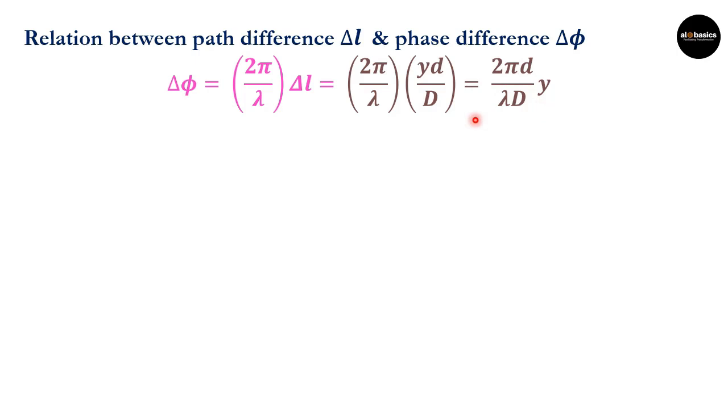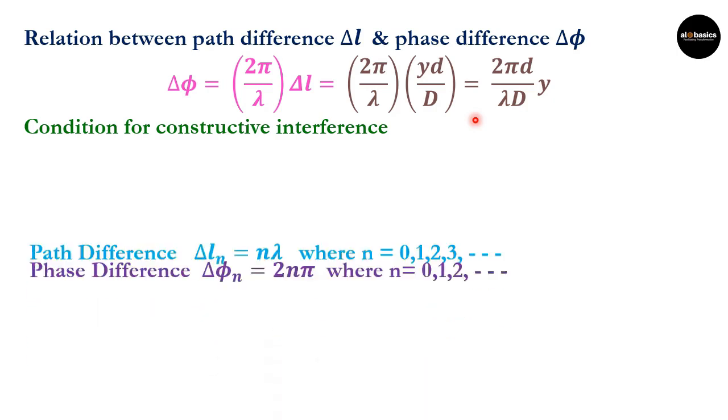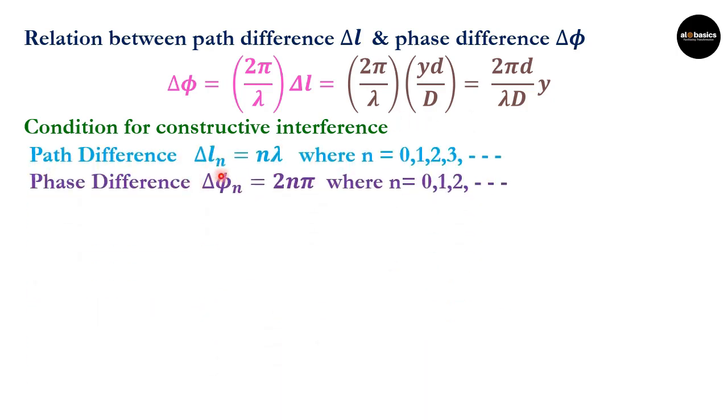As we know, for bright point and for dark point, or for maxima and minima, or for constructive interference and destructive interference, we have different path differences. These path differences are correlated with phase differences. For constructive interference, that is for a bright band, path difference delta l n is equal to n lambda, where n is equal to 0, 1, 2, 3, and the corresponding phase difference delta phi n is equal to 2n pi.